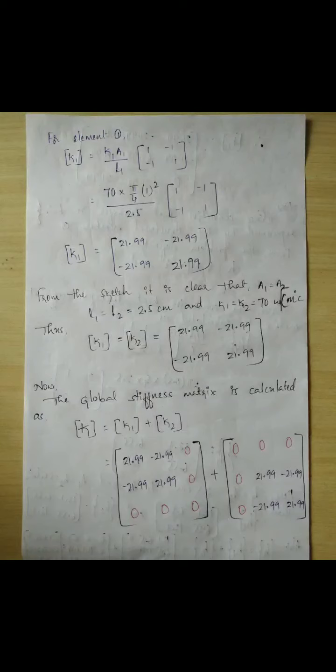Suitably, they are added as per the matrix rule to get the value of capital letter K, global stiffness matrix, and small letter h, global convective heat transfer coefficient vector.